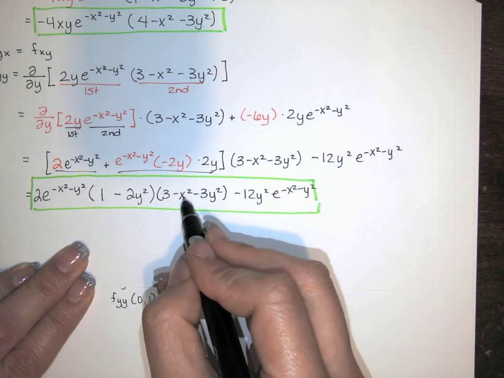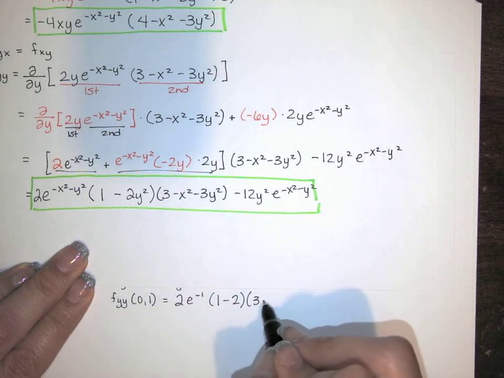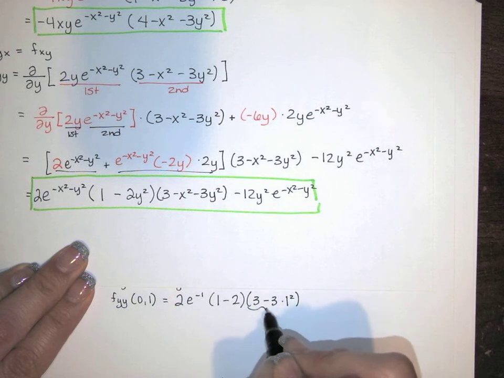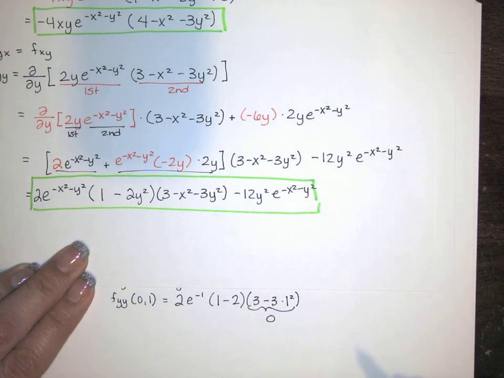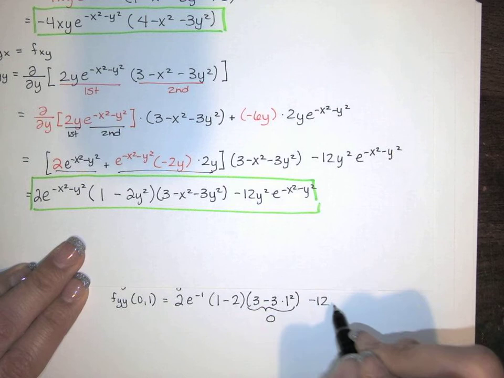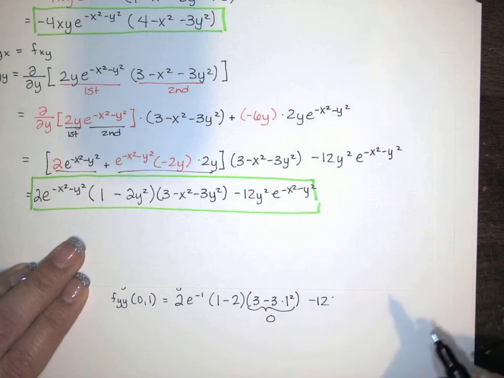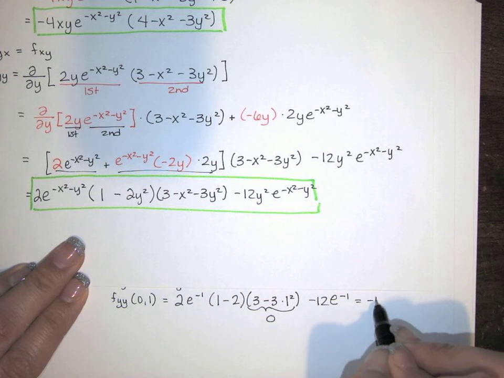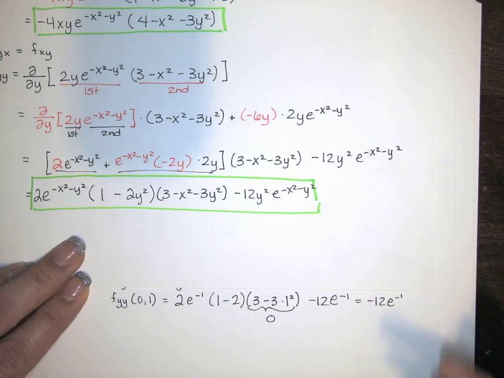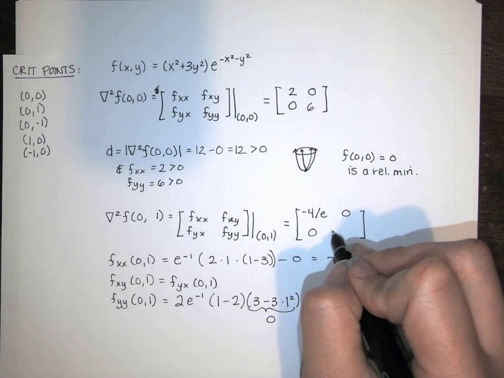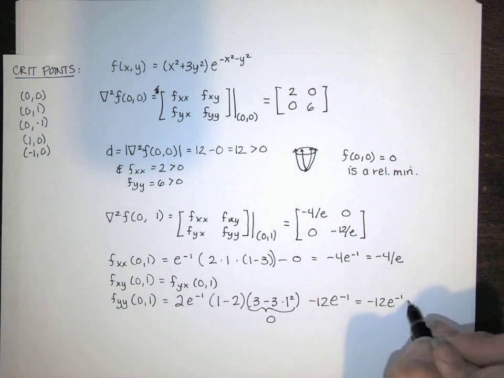If x is 0, that's 0, and then we've got 3 minus 3 times 1 squared. So this is 0, so that means this whole piece is 0. And then over here, we've got minus 12y squared, so that's minus 12 times 1 times e to the negative 1 again. So we get negative 12e to the negative 1, or negative 12 over e.